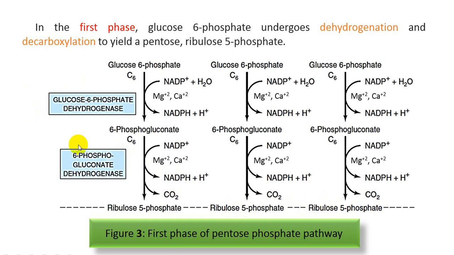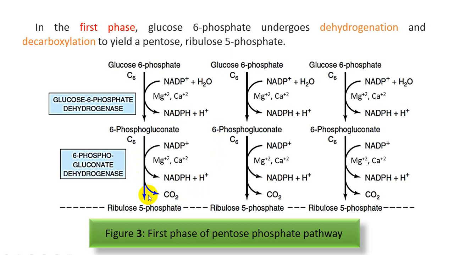Now, 2 enzymes. For the substrate glucose 6-phosphate, this is glucose 6-phosphate dehydrogenase. The second enzyme, for 6-phosphogluconate, is 6-phosphogluconate dehydrogenase. Okay? 2 molecules of NADP plus were used, and the result is 2 molecules of reduced NADPH, with removal of 1 molecule of carbon dioxide and consumption of 1 molecule of water, and the result is ribulose 5-phosphate.